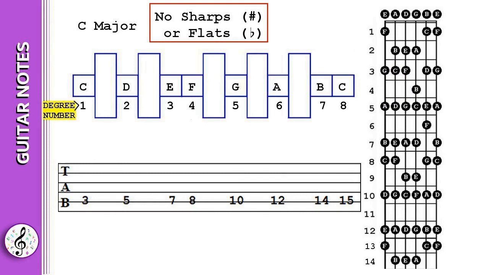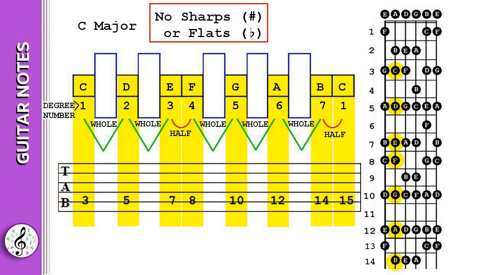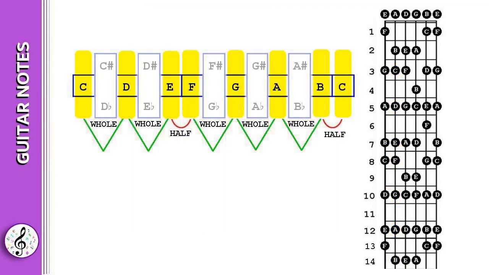So looking at our C major scale, the notes of the C major scale are C, D, E, F, G, A, B, C. And the sequence of half and whole steps in a major scale is a whole step, a whole step, a half step, a whole step, a whole step, a whole step, a half step. Now you can see the pattern there. We have 2 whole steps, then a half step, 3 whole steps, then a half step.